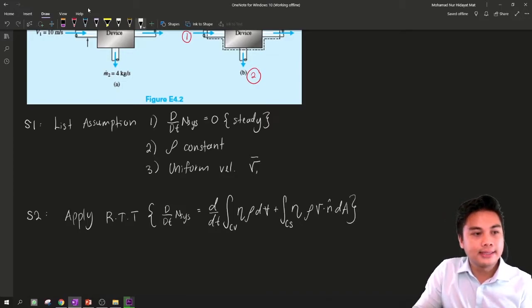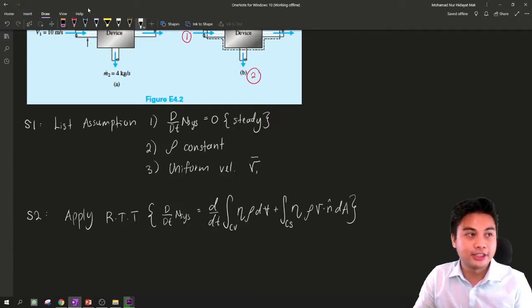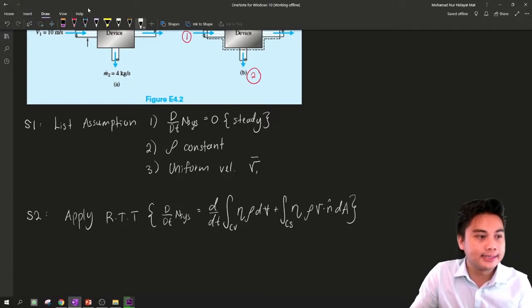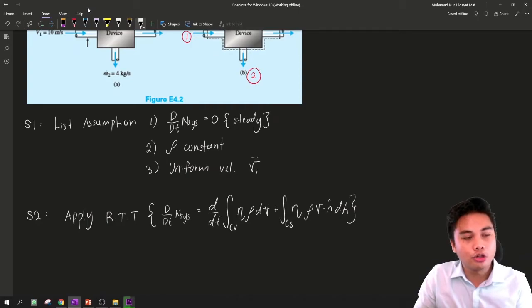This whole thing is the Reynolds transport theorem to convert the system into the control volume.